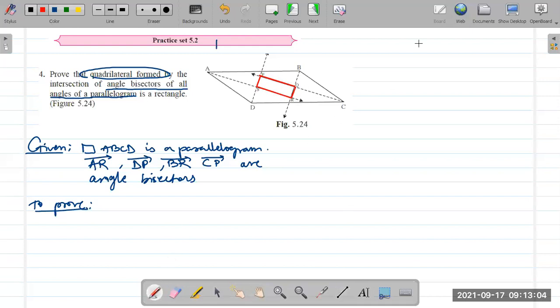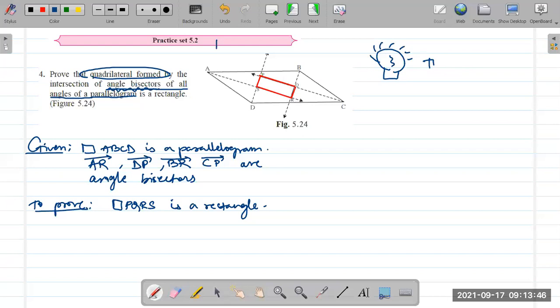Now understand something very important. How can we prove that it is a rectangle? We have to prove that quadrilateral PQRS is a rectangle. Since you are given angle bisectors, clearly it's a hint that you need to prove that all the angles of this quadrilateral are 90 degrees.